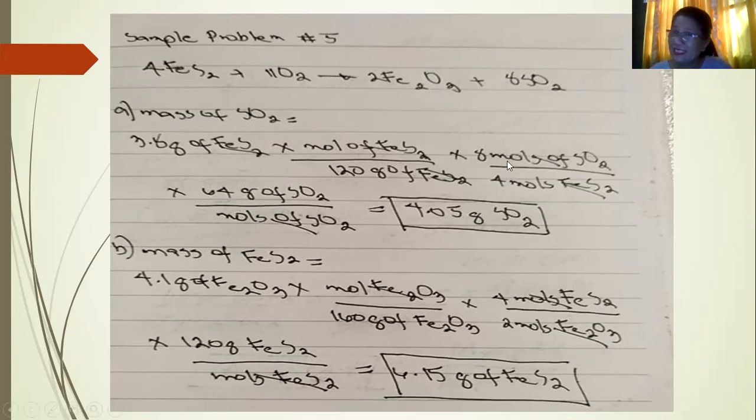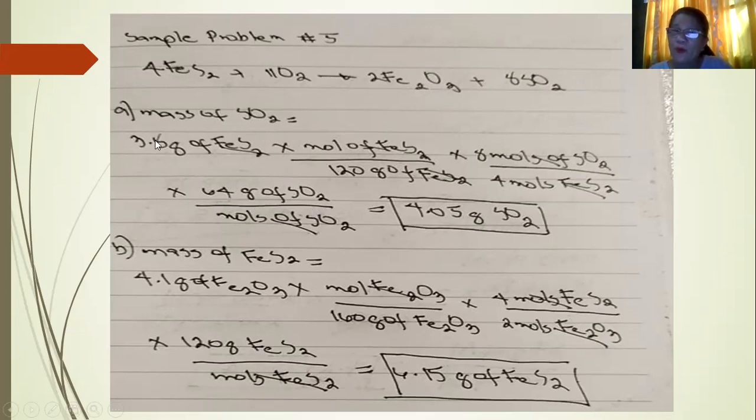What is left here is the moles of sulfur dioxide. But what we need is the grams of sulfur dioxide. And in this way, we need to know the molecular weight of sulfur dioxide. The molecular weight of sulfur dioxide is 64 grams per mole. Therefore, the 64 grams of sulfur dioxide over mole of sulfur dioxide, cancel the mole. And what we have now is the remaining unit, the grams of sulfur dioxide.